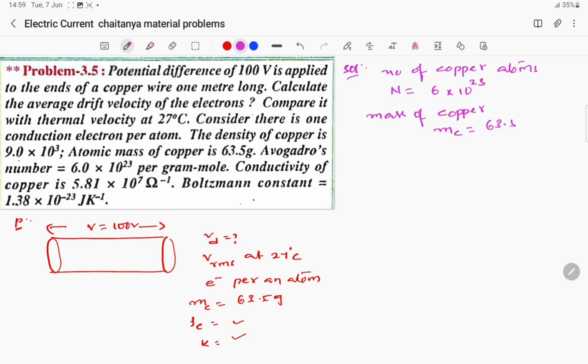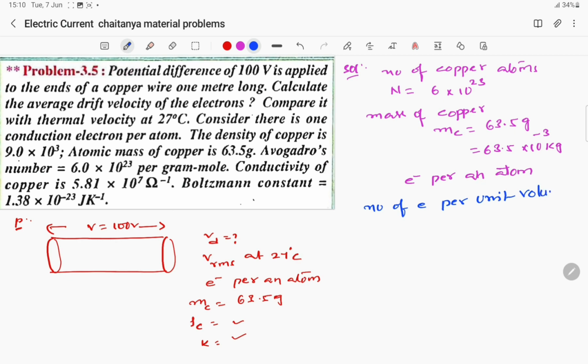We are converting to kg: 63.5 into 10 to the power of minus 3 kg. Now there is one conduction electron per atom, meaning one atom donates one conducting electron.